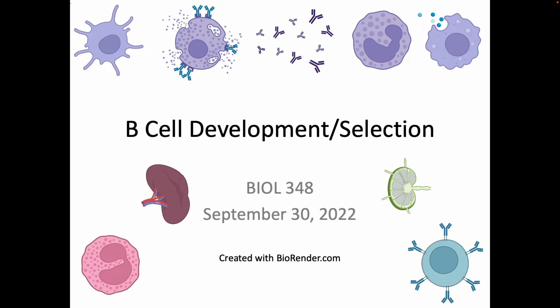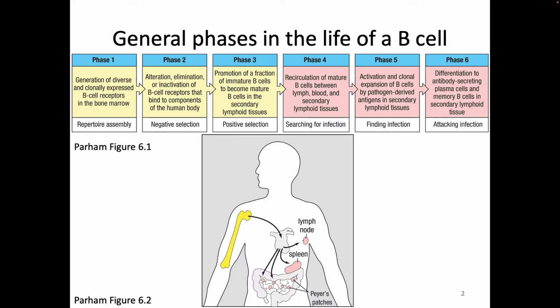So today we're going to talk about B-cell development and selection, and finish going through the process of how we develop B-cells. If you recall, we're thinking about these yellow steps of what is happening in the life of the B-cell.